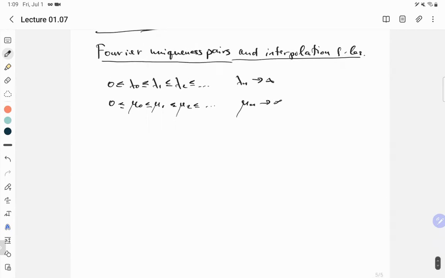And the question that we're interested in is a generalization of the square root n formulas. So let's consider the map from radial Schwartz functions on R^d to spaces of sequences: the values of f at lambda n's, and the values of the Fourier transform at mu n's.